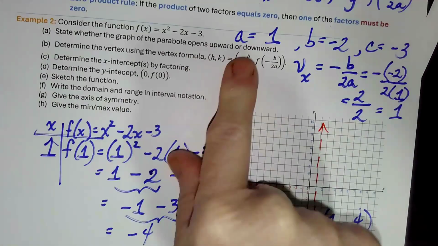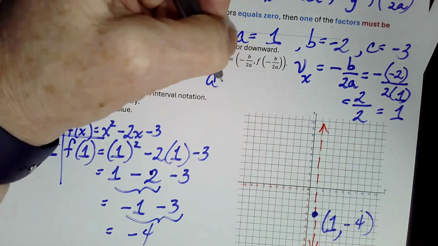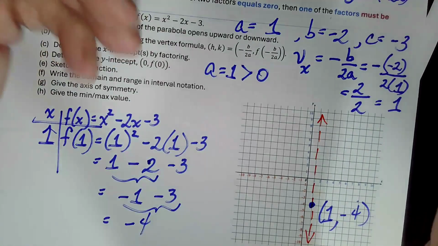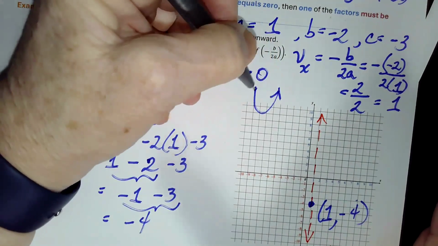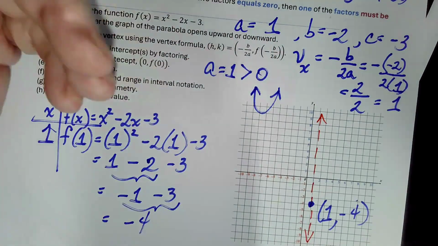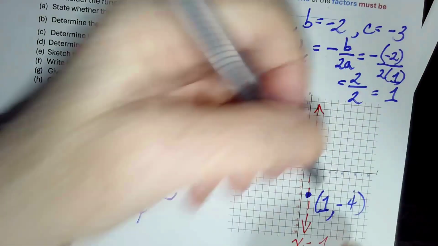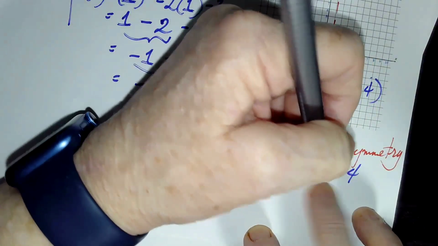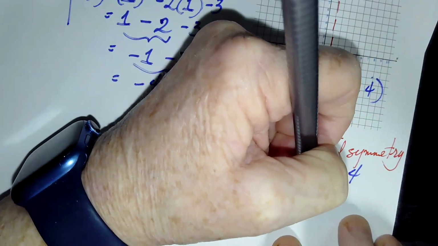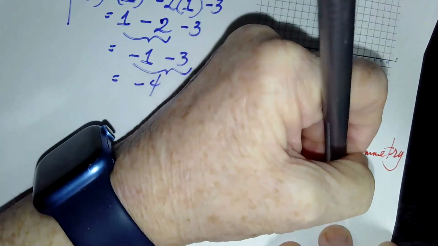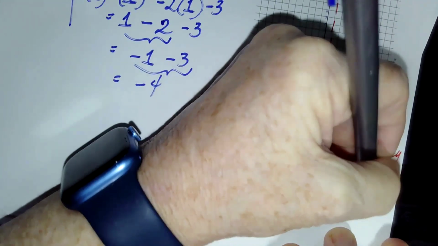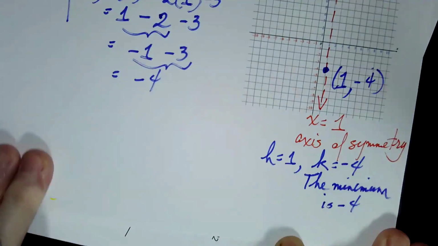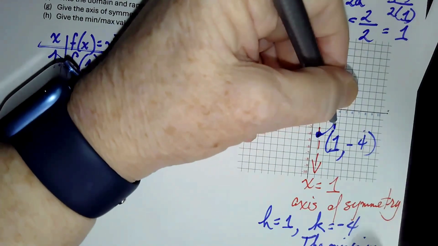Since A is positive, so here A is equal to 1 and 1 is greater than 0, that means that the parabola, the quadratic function, opens up. That means that negative 4 is a minimum. So the minimum is negative 4. And we're going to open up.